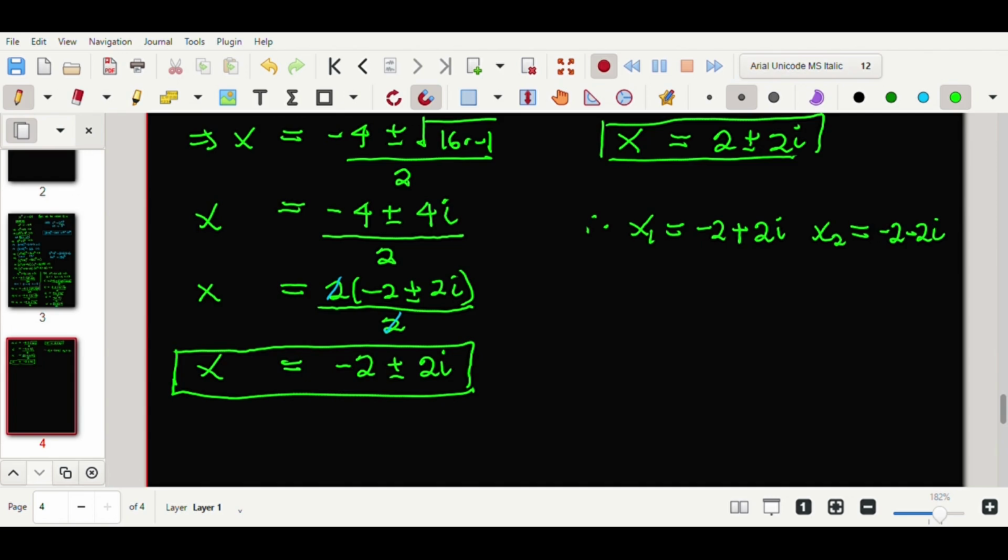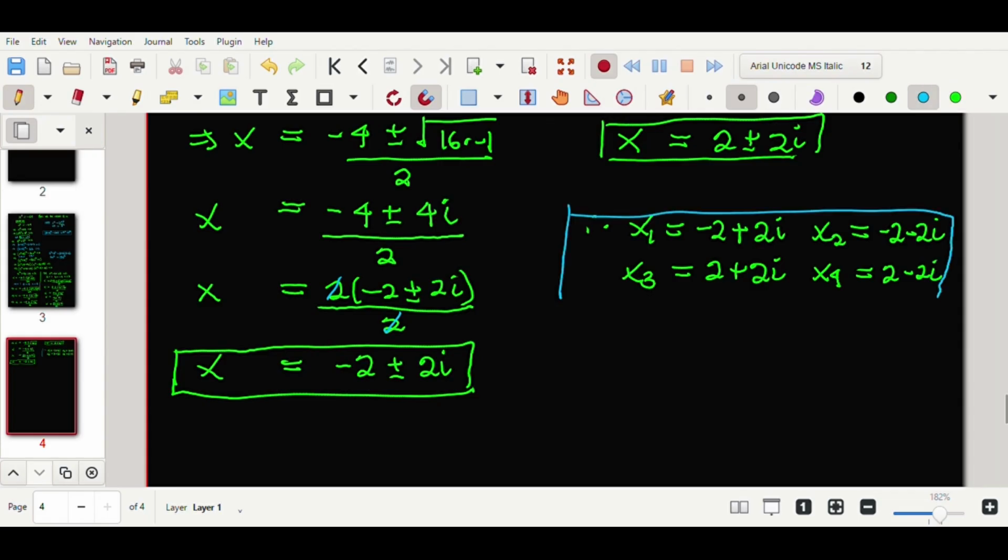Then from this equation we have x3 equals 2 plus 2i, and here x4 equals 2 minus 2i, all the possible values of x.